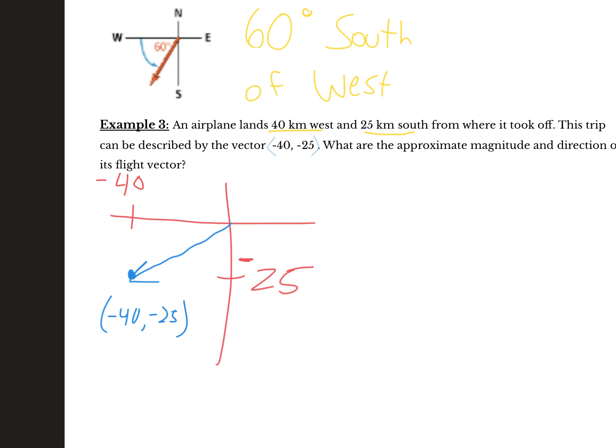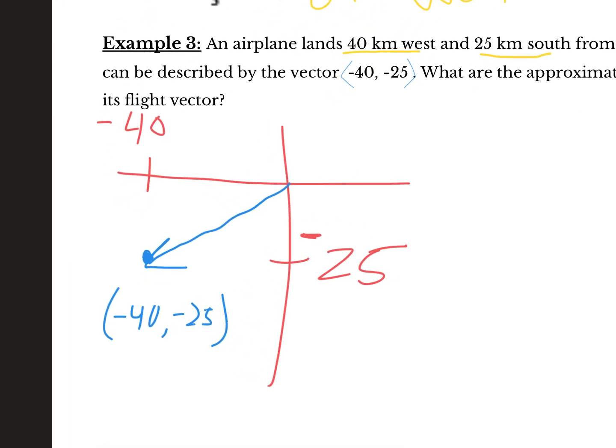The first thing we want to do is figure out the magnitude. So the way we can do that is actually through the Pythagorean theorem. So I can make a triangle here. I'm going to use some dashed lines. So we'll make this our right angle. Now, I should know what this distance up here is because I already know when this leg of the triangle ends. It ends at negative 40.